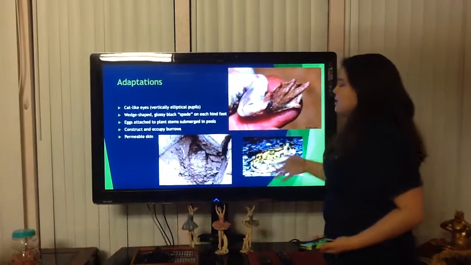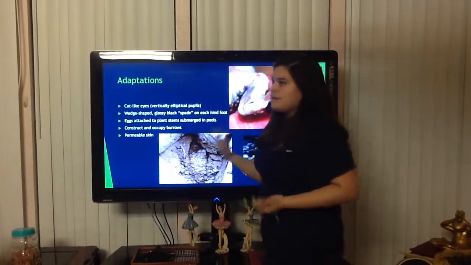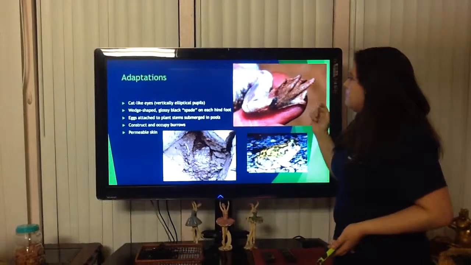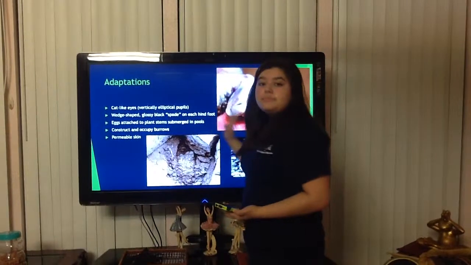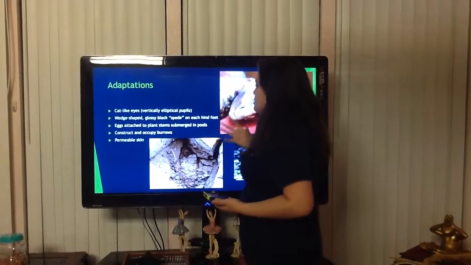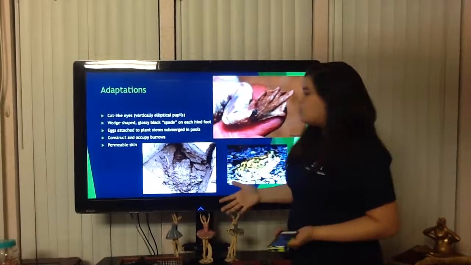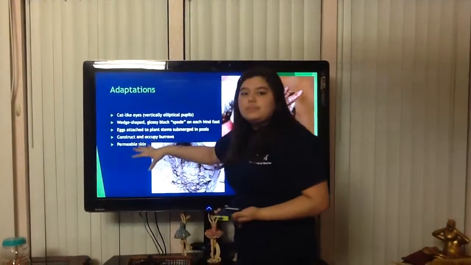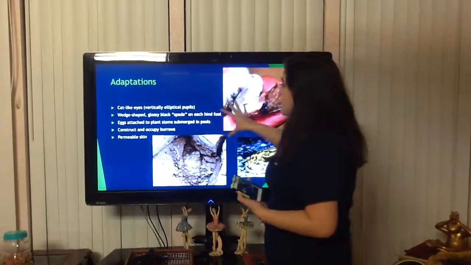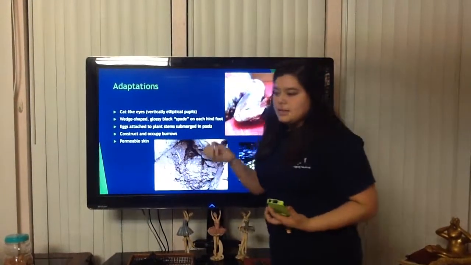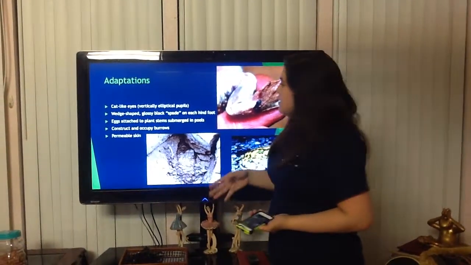That's used primarily for digging in the loose soil in the desert, arid areas of California and Mexico. When the toads mate, they do it in shallow water, in pools, and the eggs are attached to plant stems submerged in the pools. This adaptation protects the eggs while keeping them in moisture, rather than on the arid terrestrial ground.